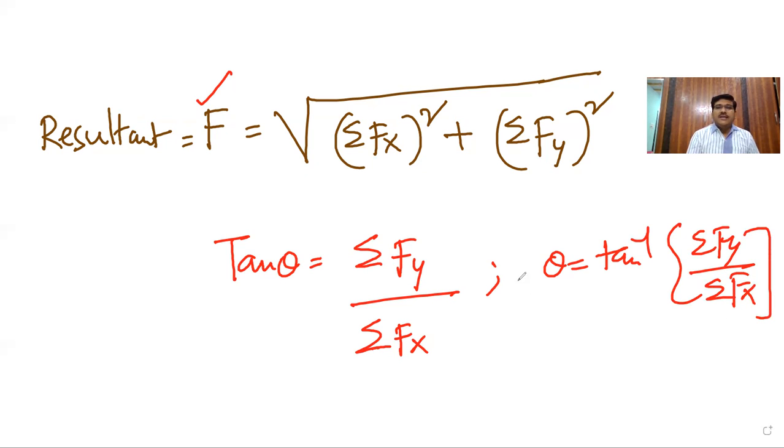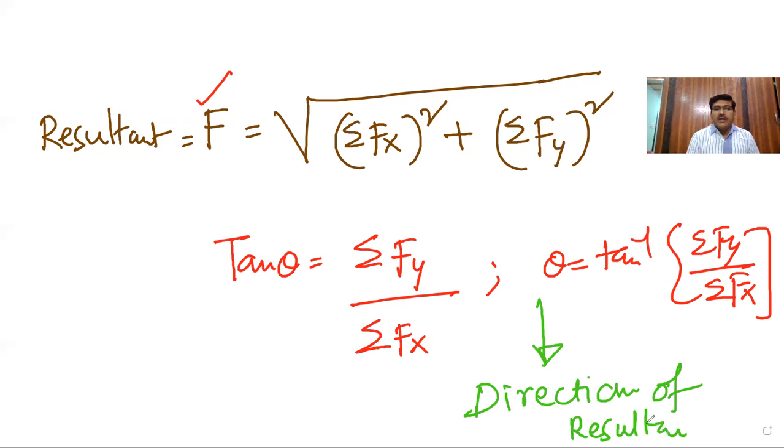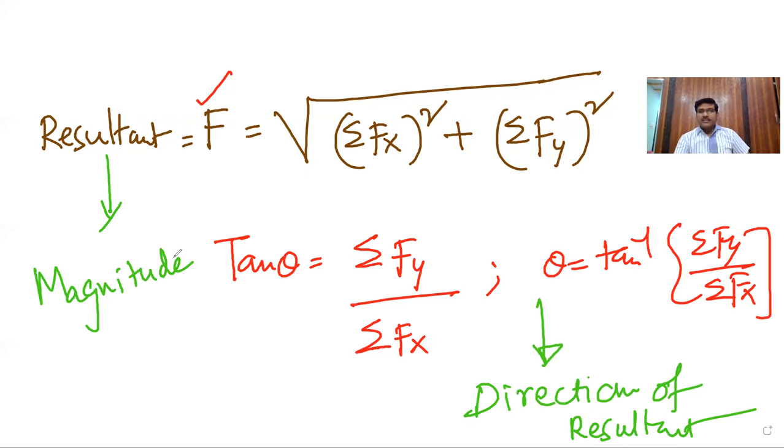This is the direction of the resultant, whereas the resultant itself is the magnitude. Clear? Now this is the procedure.